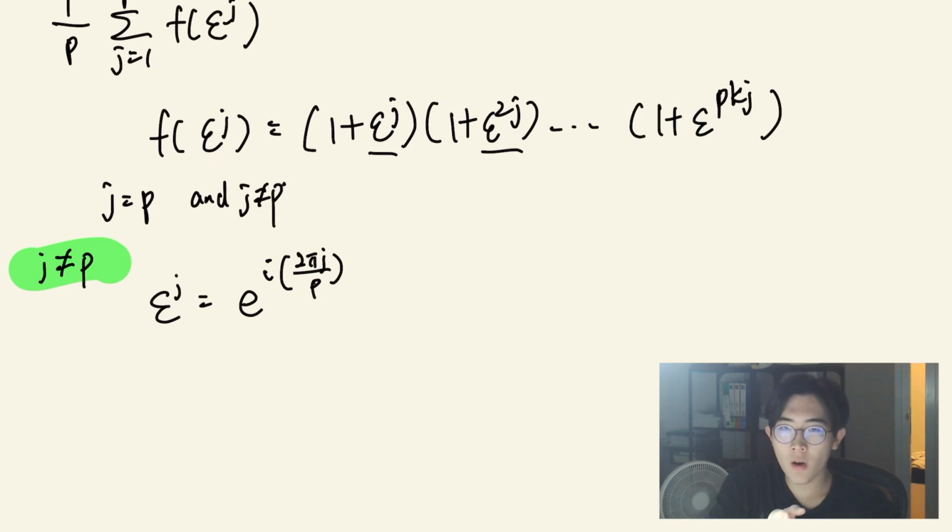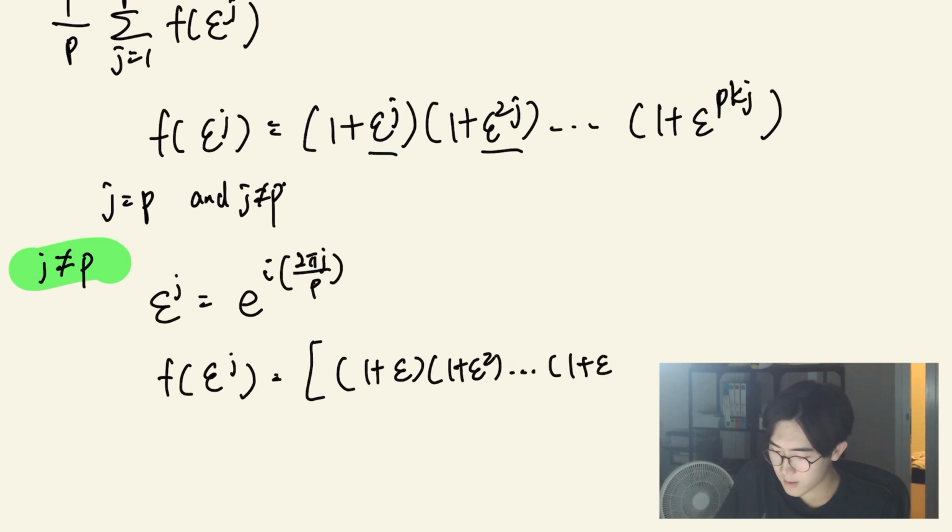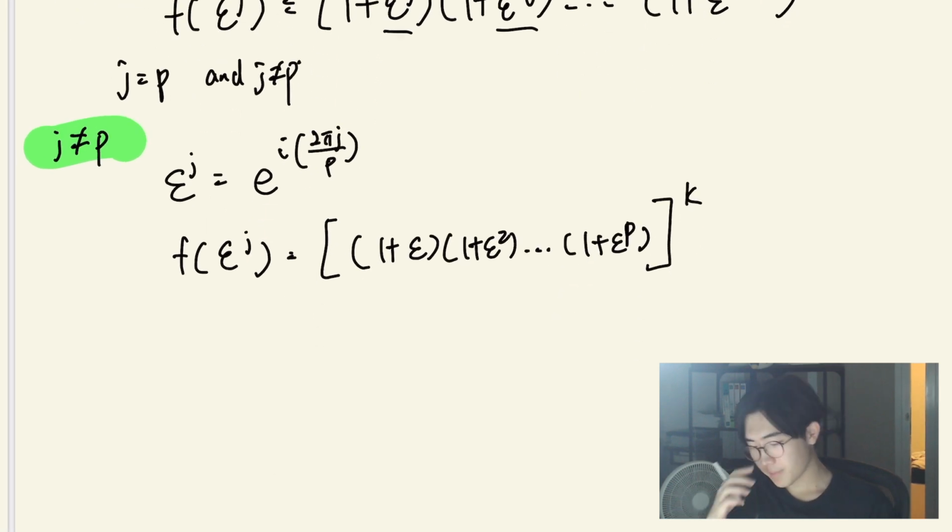So we'll go through all the p roots of unity and then cycle through it k times in total. So this will evaluate to (1 plus sigma)(1 plus sigma squared) until (1 plus sigma to the power of p), all to the power of k.